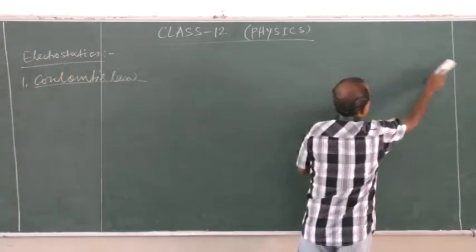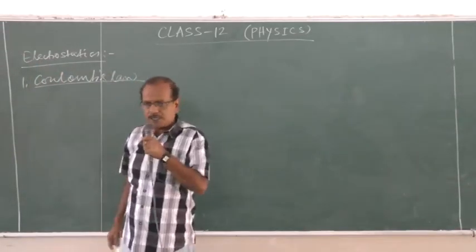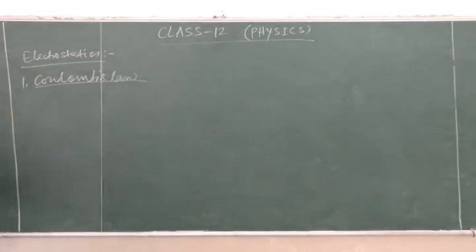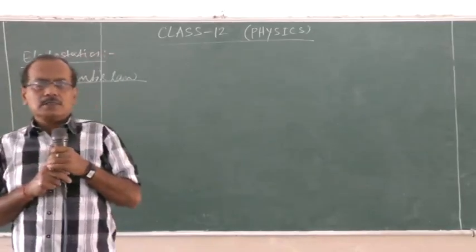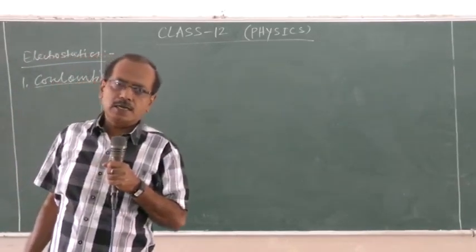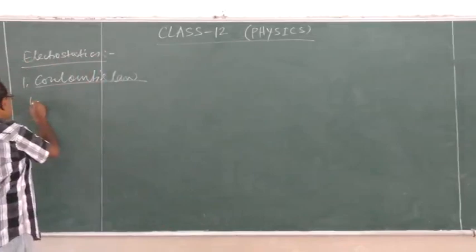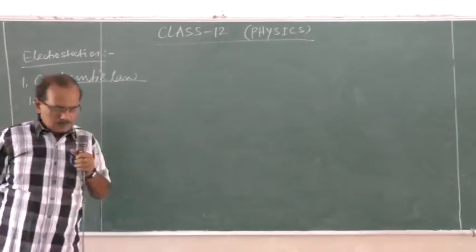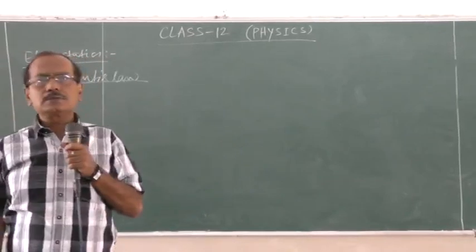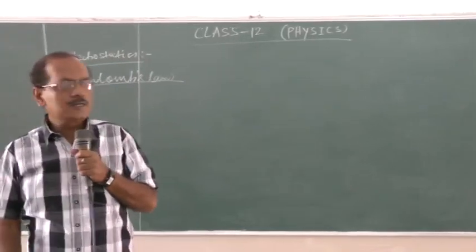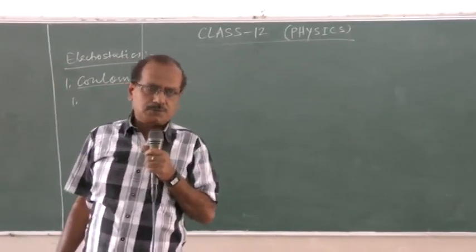Now, as we know, similar charges repel each other, whereas dissimilar charges attract each other. Now, the first law is saying that similar charges repel each other and dissimilar charges attract each other with a force.